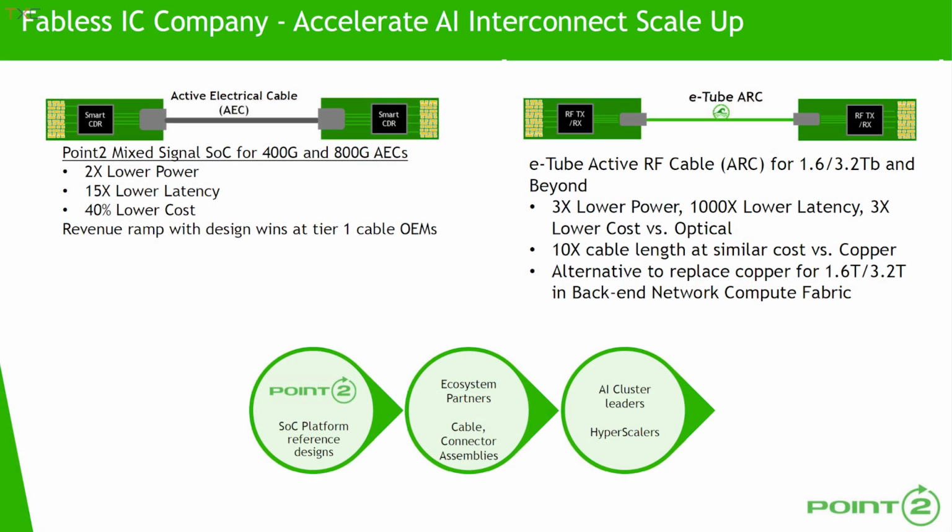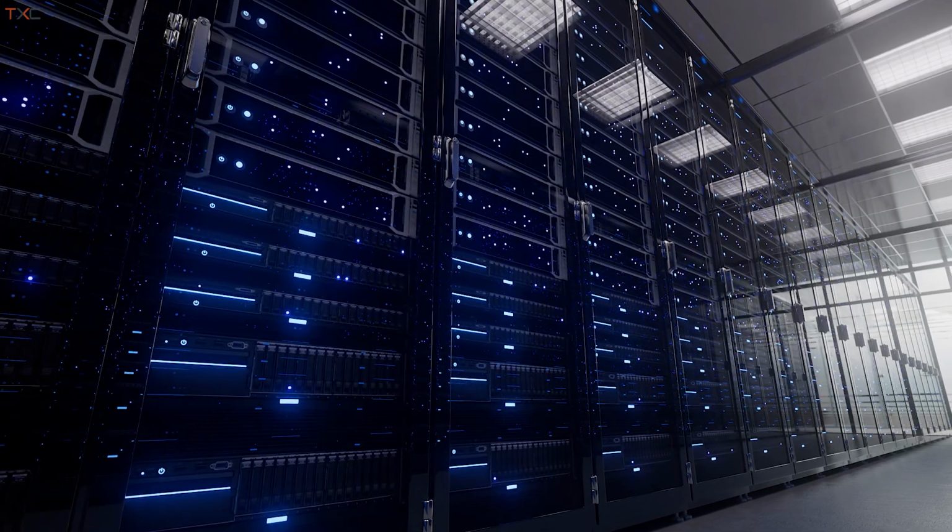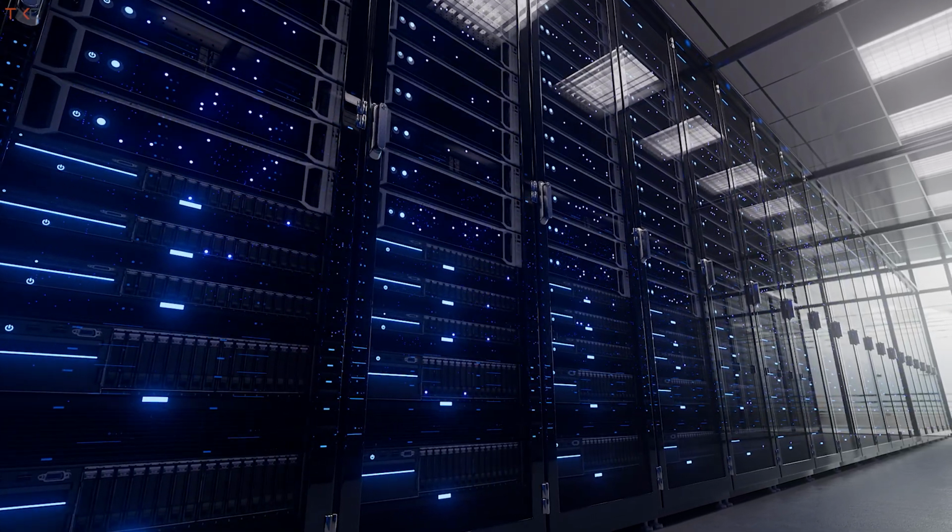But we actually have a completely different approach, what we call eTube. eTube essentially uses RF data transmission over a plastic dielectric waveguide. It's a brand new technology that the industry hasn't seen. And what we see is that once the SerDes speed transitions from 112 gig to the next generation 224 gig, copper cabling is just not physically feasible to support the cable reach required for the in-rack and adjacent rack use case.